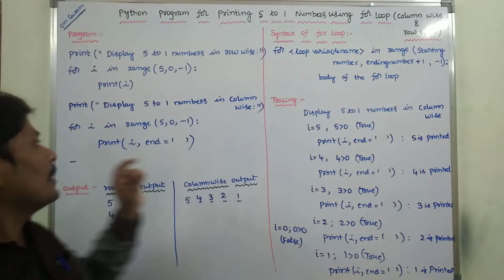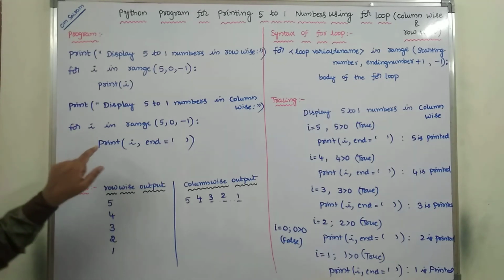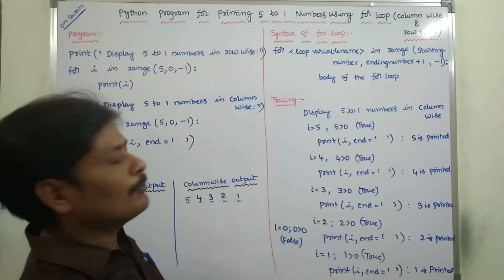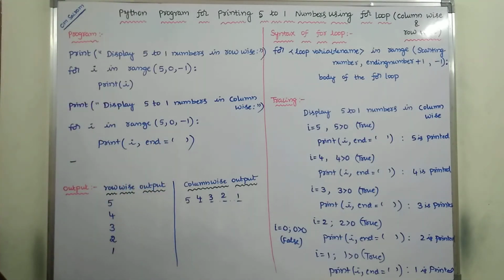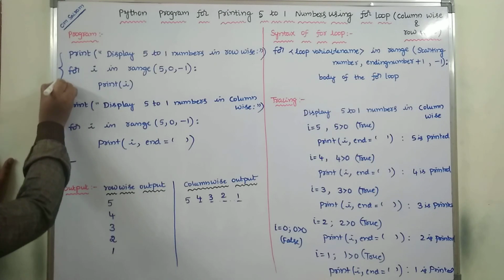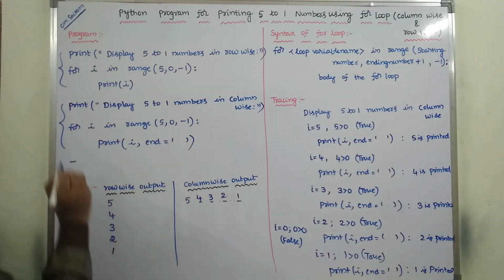If it is true, then the control goes to the statement within the body of the for loop. After printing, the i value is decremented by 1. So this is the program for printing 5 to 1 numbers using a for loop. This is row wise, and these 3 statements become the row wise program, and these 3 statements become the column wise program.